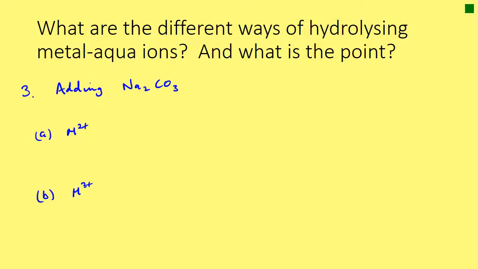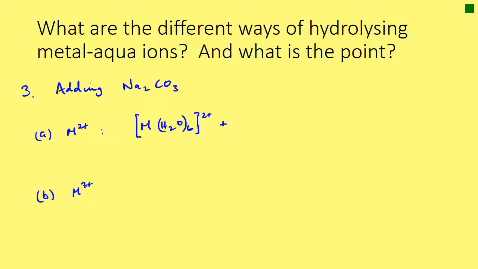When we react metal 2+ ions with carbonate ions, this is what we get. It's quite a simple reaction. Let's write our complex out. We've got the metal ion, we've got 6 water ligands, and our complex has a 2+ charge.